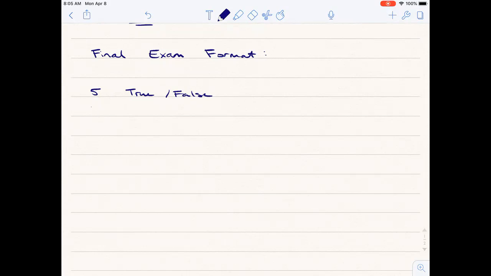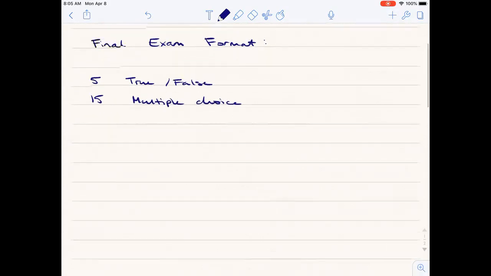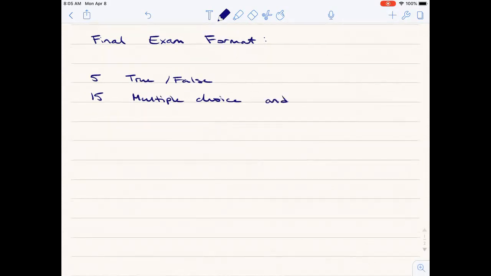So 5 true/false, and then 15 multiple choice and short word answers. What I mean by short word answers, it could be something like, give an example of a numerical variable, and then you just give something: speed, distance, length.